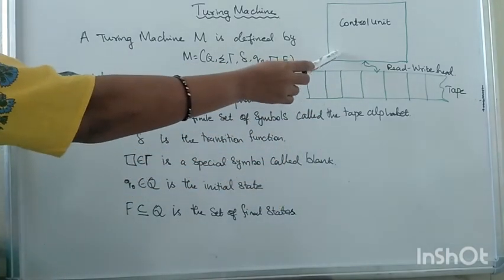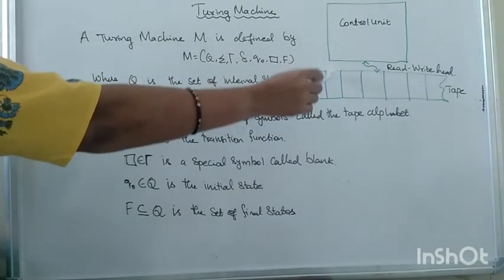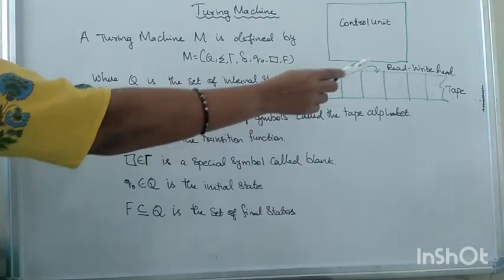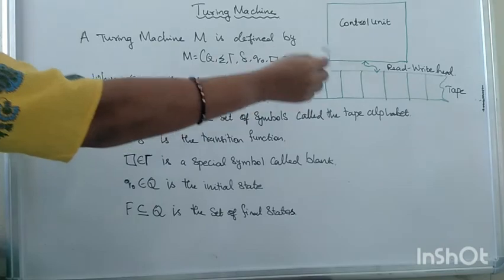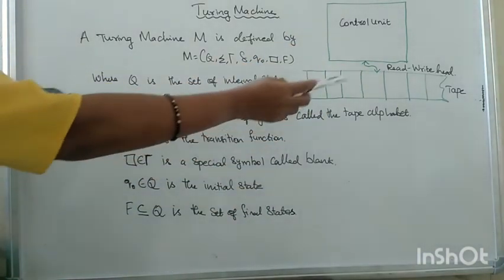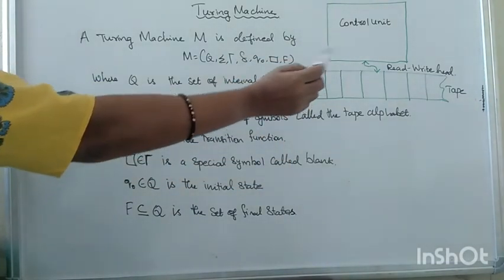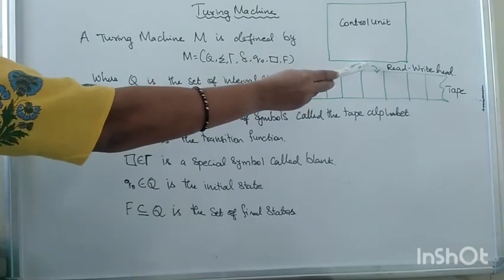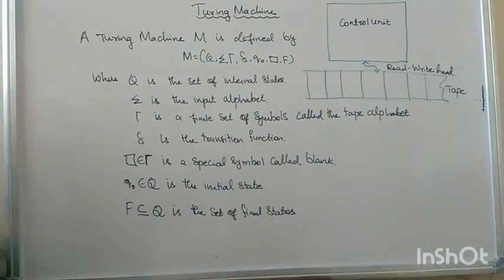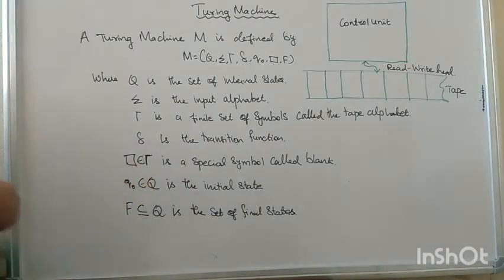By means of this control unit, we control this read and write head. Once after reading or after writing the information, the tape head may move either towards left or towards right. This is based upon the control unit. We move the read-write head either to the left or to the right of the tape, and we define those things in the transition itself.